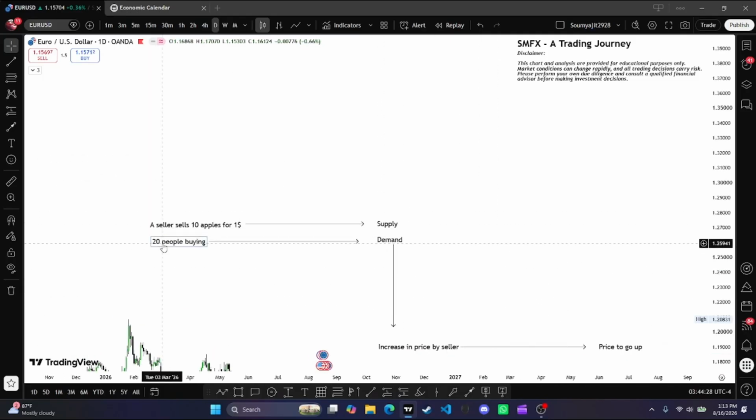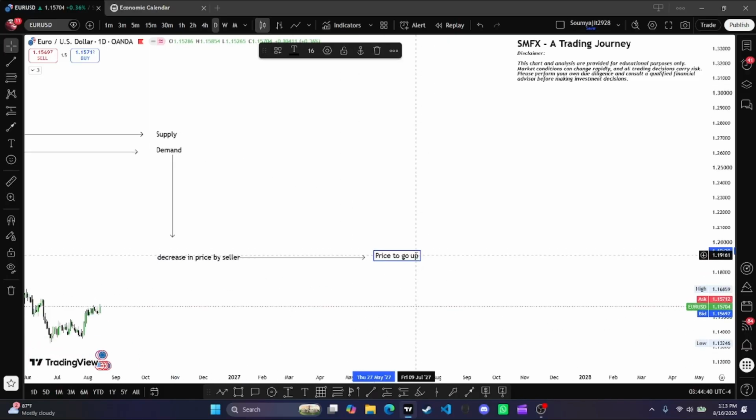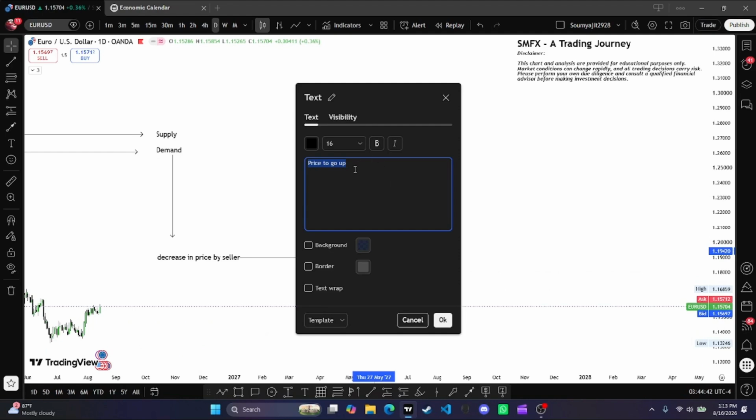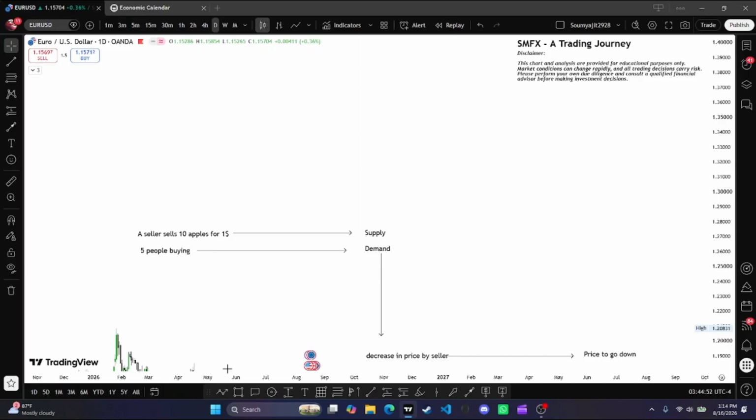But imagine if this demand suddenly drops, and it becomes 5, then this will cause a decrease in price and price to go down. Similarly, if supply goes up, imagine for 10 apples there are 30 and people buying it will be 20.